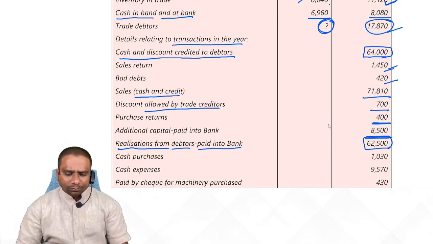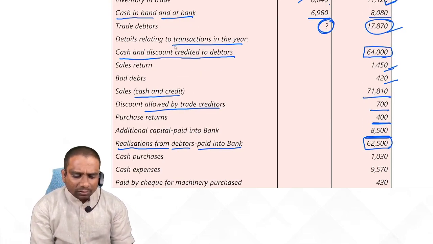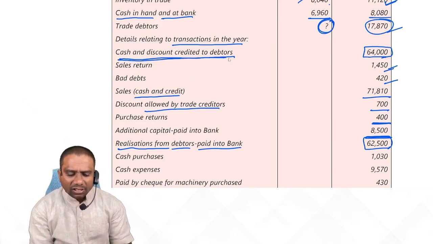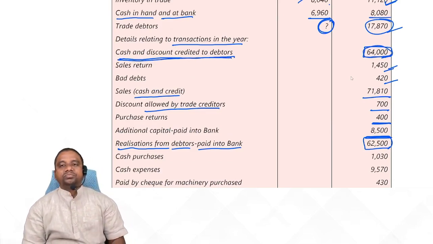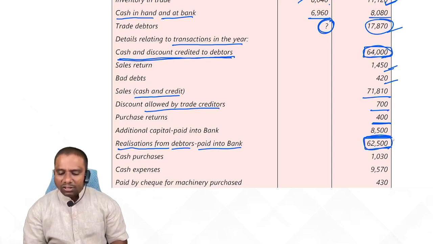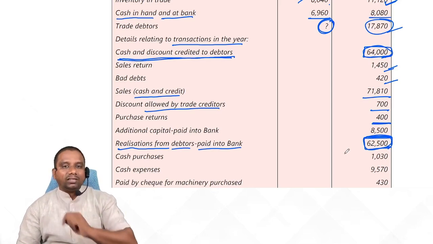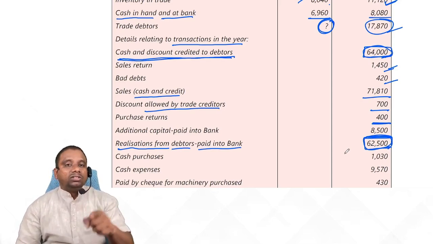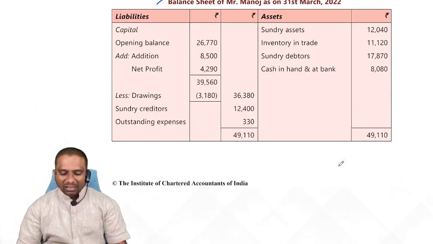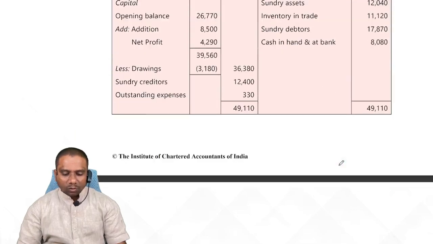Now, if you observe, cash and discount credited to debtors 64,000. Out of that, how much amount received from debtors bank 62,500. Remaining amount is nothing but what? Discount allowed to debtors. And that discount is shown P&L account debit side. Observe students, that is an important point here.